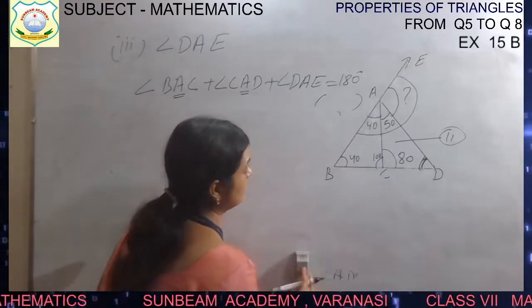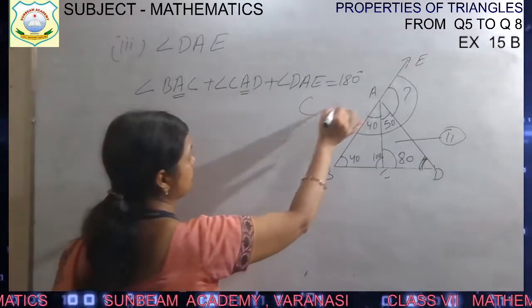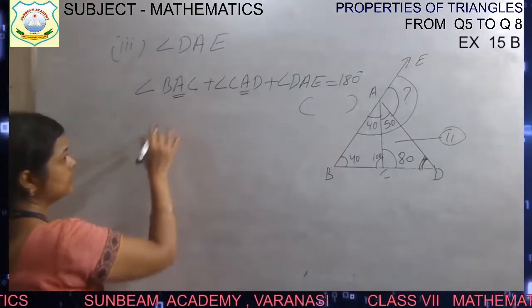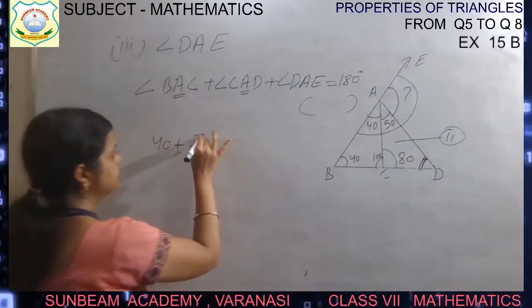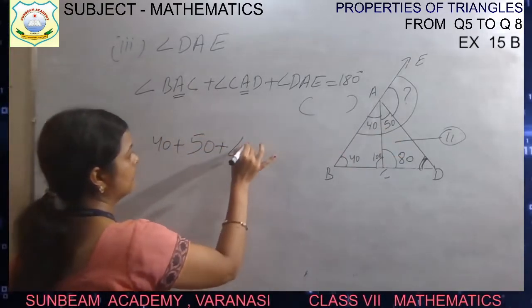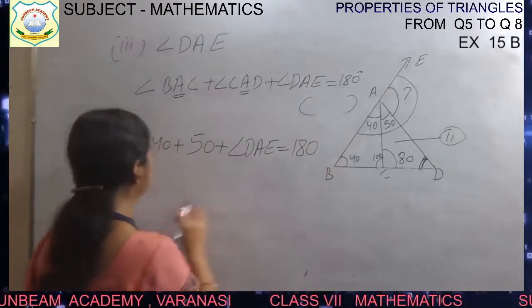We will write it properly, children. After this, write the reason. What is the reason? Then BAC is 40 degrees plus CAD is 50 degrees plus angle DAE, which we have to find, is equal to 180 degrees.